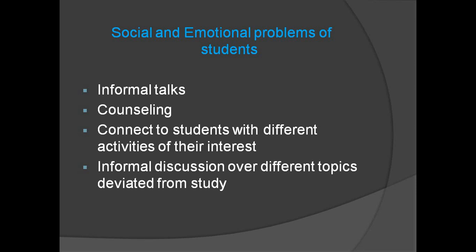You can connect to the students with different activities of their interest, like you can help them in a project, you can play some educational games with students, you can go outside to play outdoor games, you can play indoor games in school premises. These things will help you to maintain a cordial relation with students.